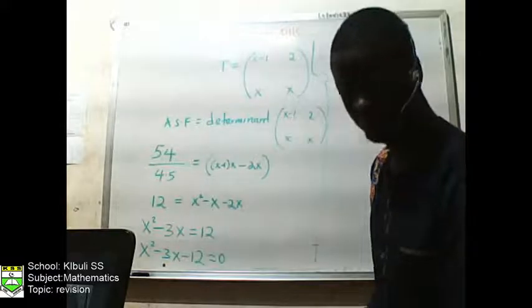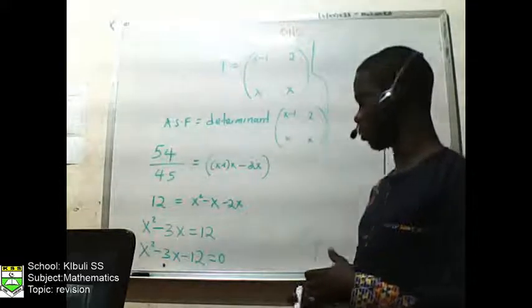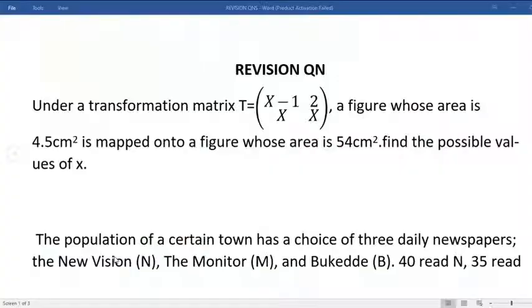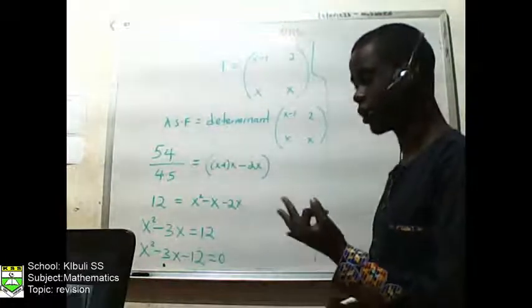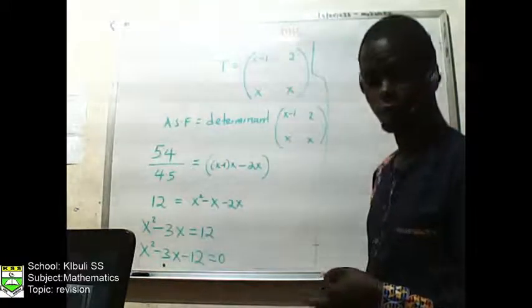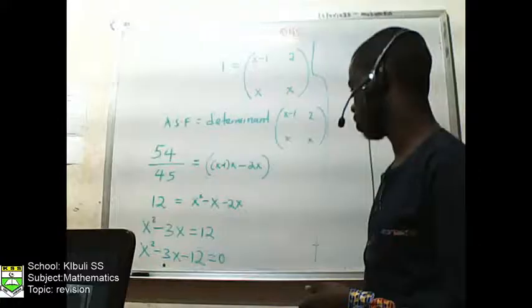Another person can use the formula method, which you commonly call bulldozer. There is also another method, completing the square, and of course you cannot use quadratic curves here. Quadratic curves are normally used in section B, but here you can only use three methods: completing the square, the formula method or bulldozer, and factorization.